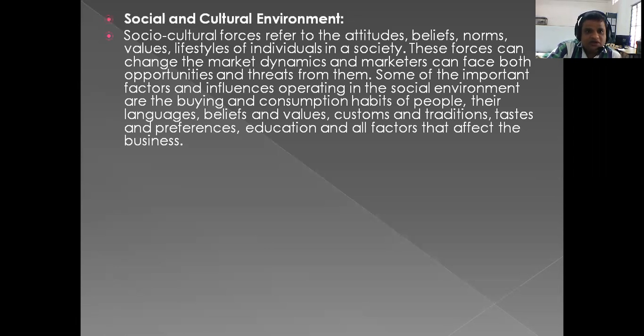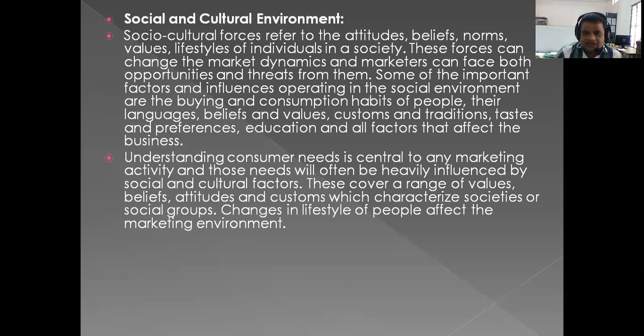Some of the important factors and influences operating in the social environment are buying and consumption habits of the people, their languages, beliefs and values, customs and traditions, tastes and preferences, education, etc. Understanding consumer needs is central to any marketing activity, like we have already said.